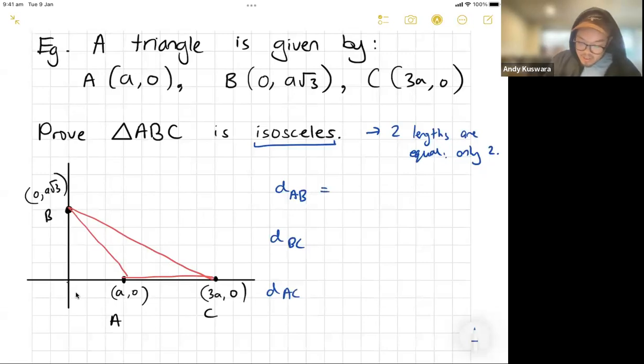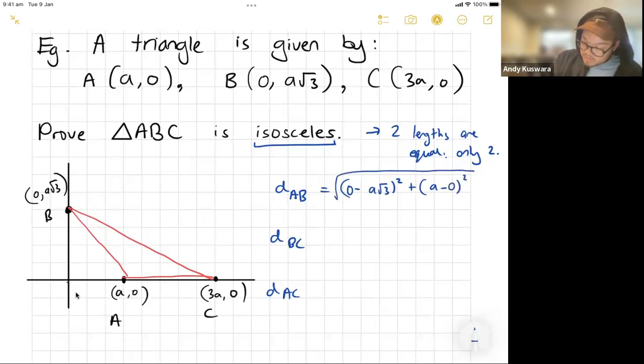All right, distance of AB is going to be the square root of (0 take away a root 3) squared plus (a take away 0) squared. And let's see what that gives us.